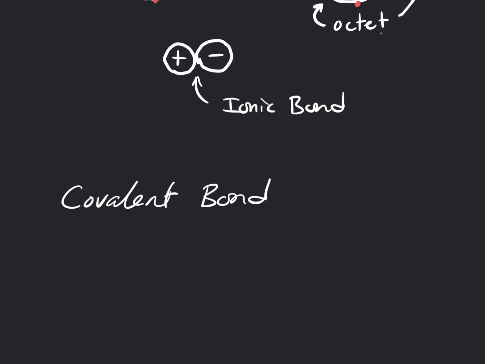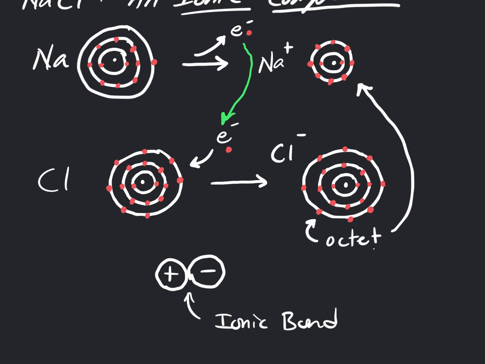Great. A covalent bond. Let's contrast a covalent bond with an ionic bond. We'll start with that. An ionic bond happens when you have a positively charged ion and a negatively charged ion close together. They are very strongly attracted to each other. This is, in fact, the ionic bond.